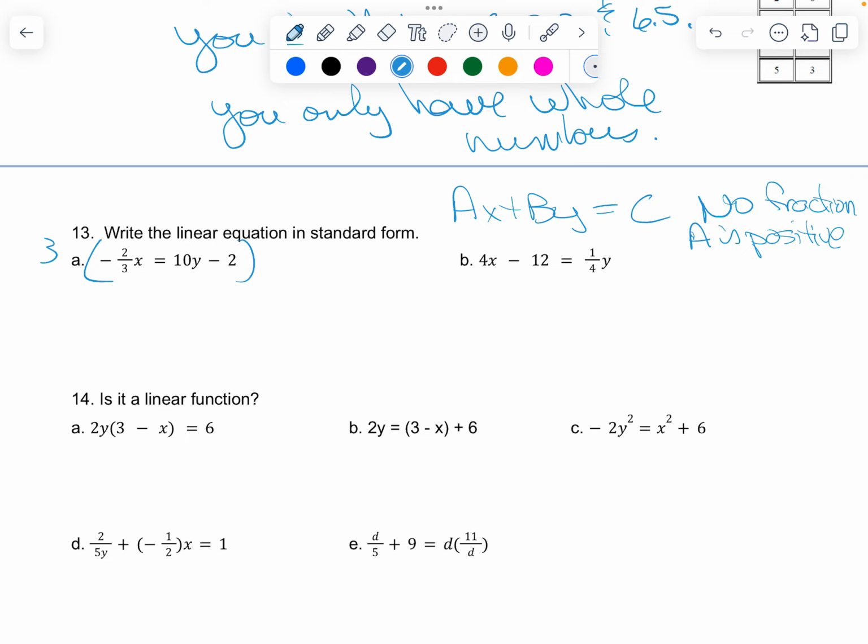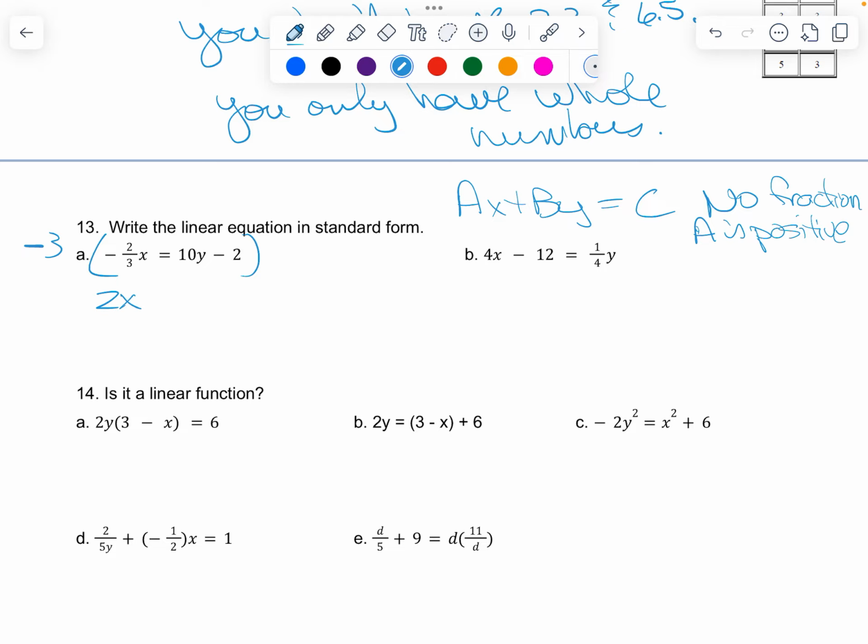So I'm going to multiply everything by 3. I don't want x to be negative, so I'm going to multiply by negative 3. So that's going to get me 2x equals negative 30y plus 6. I'm going to add 30y to the other side. And I get 2x plus 30y equals 6.